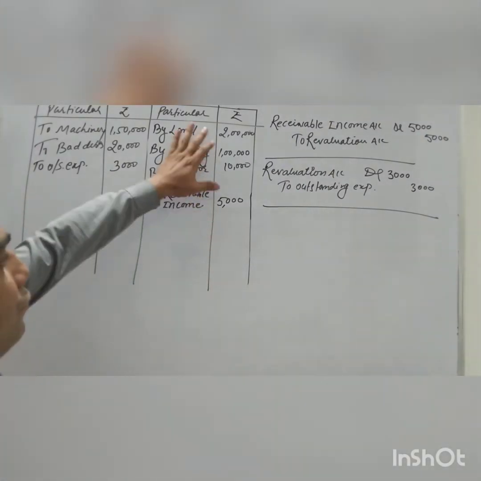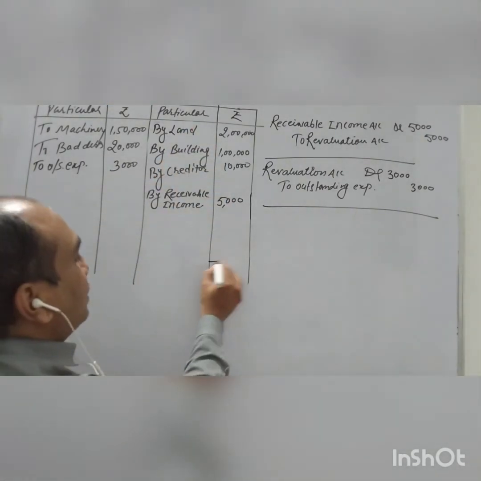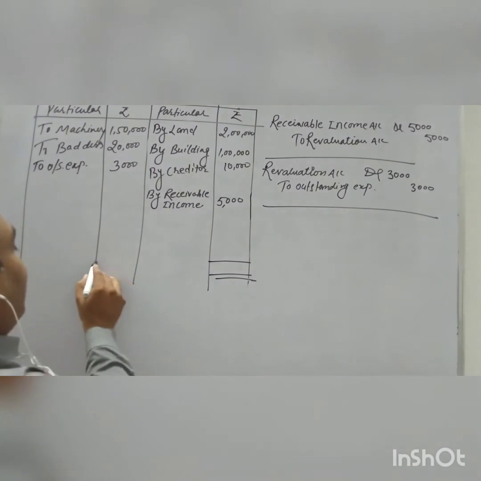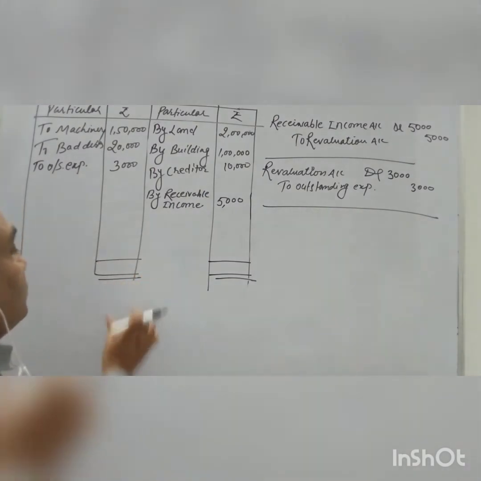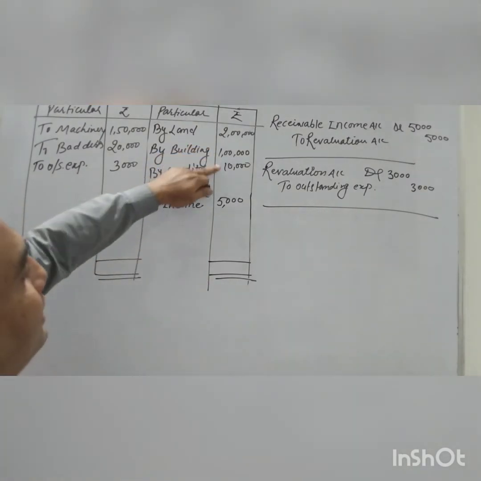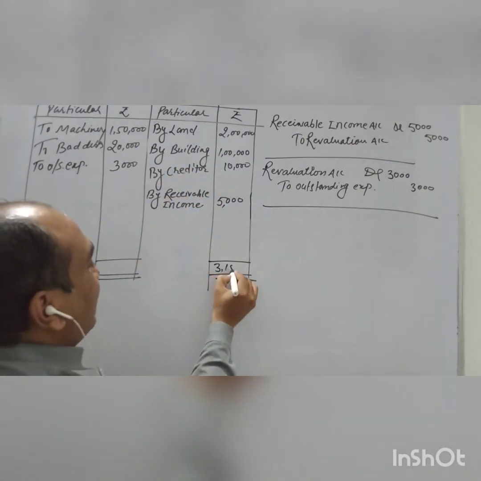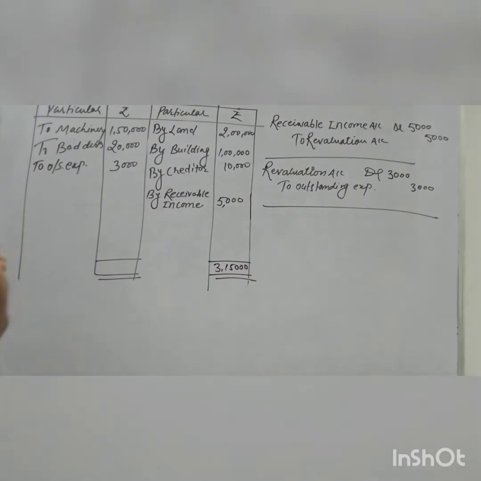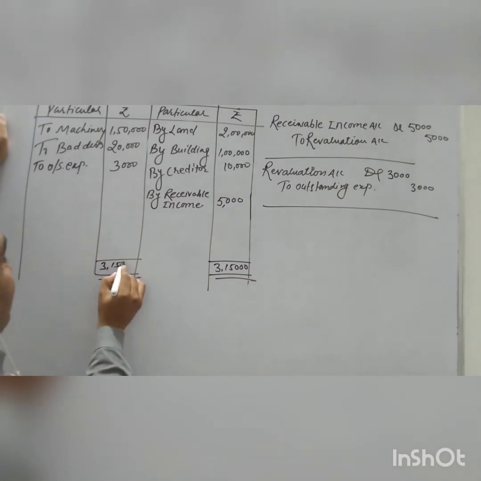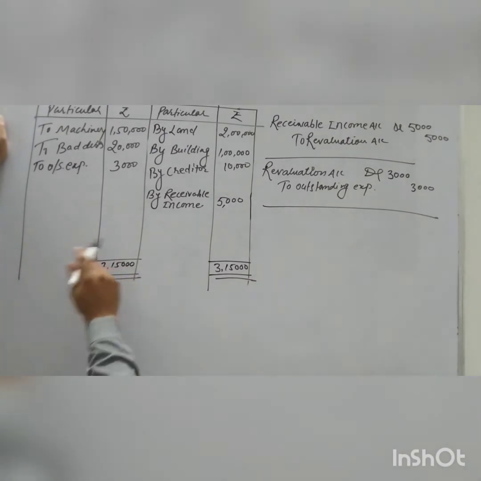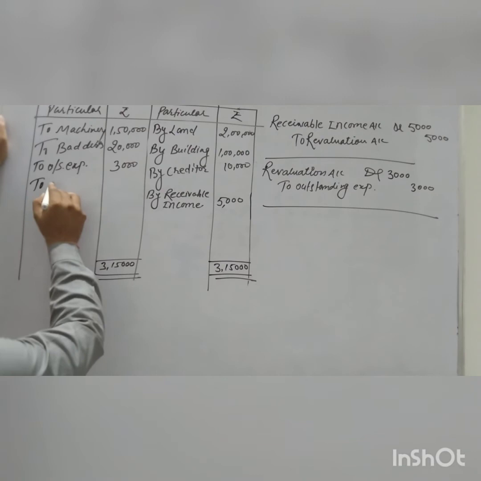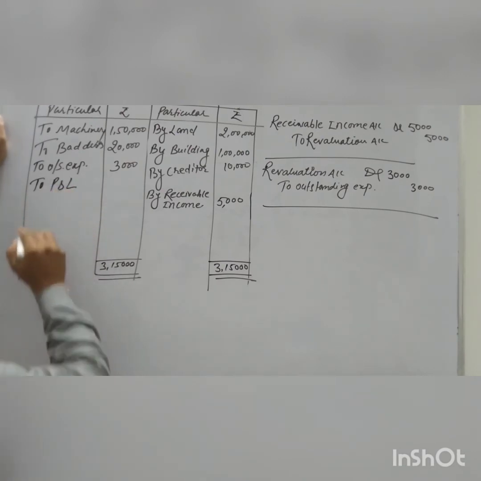Now our adjustment is over, so now we have to calculate the total. Okay, we will calculate the credit side first and the debit side also. 2 lakh, 3 lakh, 3 lakh 15,000. So here the value is 3 lakh 15,000, but here the value is 1 lakh 73,000. But I want 3 lakh 15,000. How much is less over here? To profit and loss.